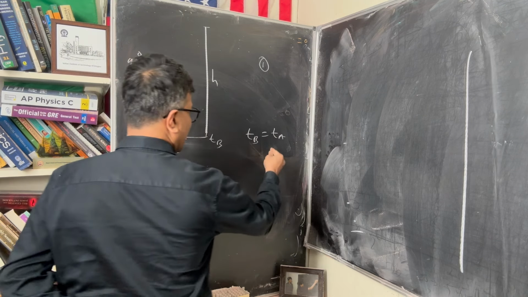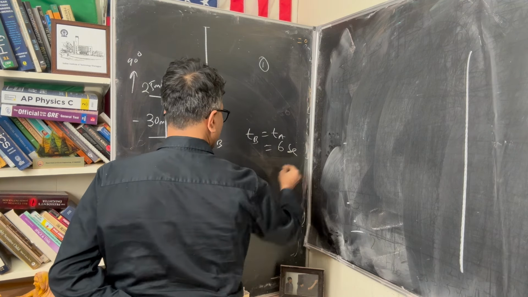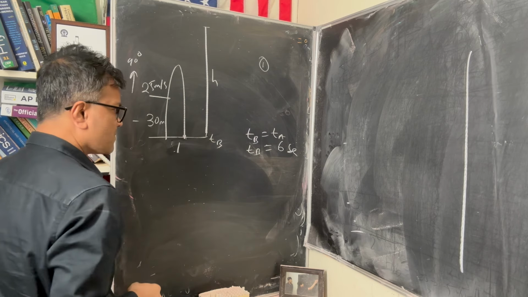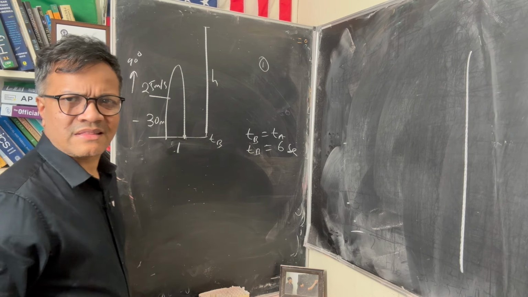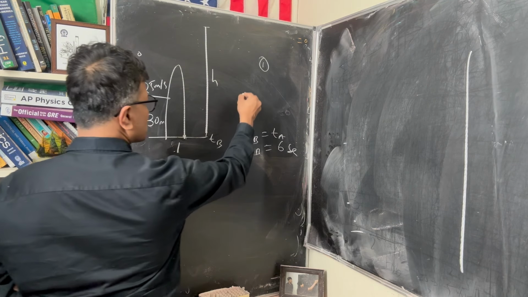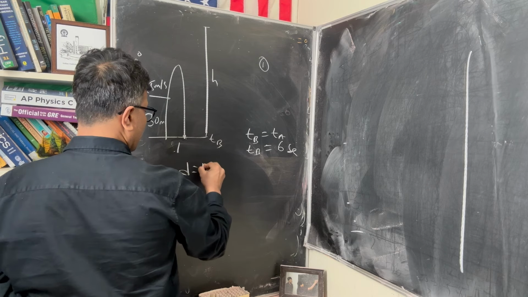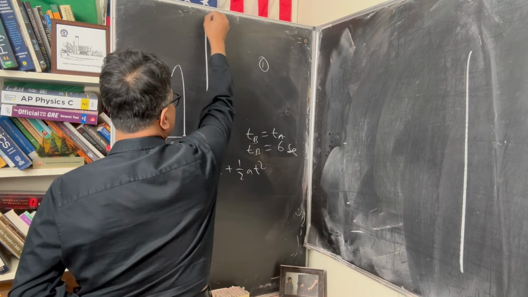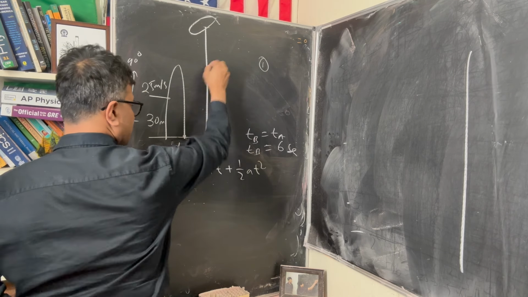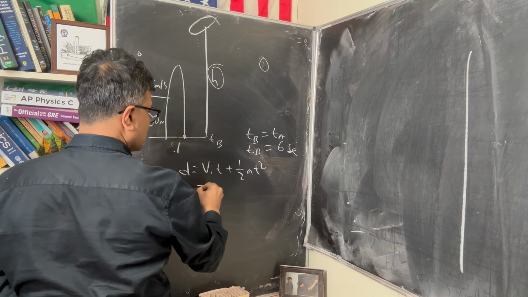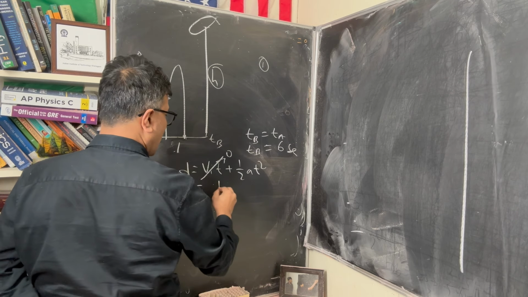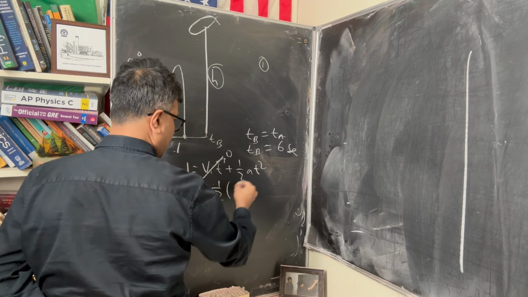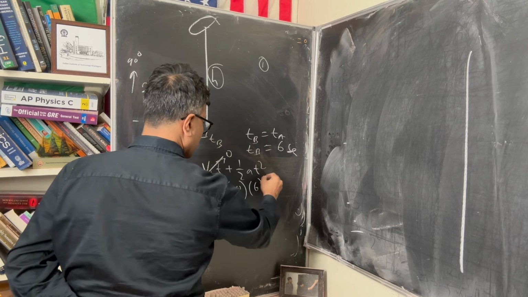So you know TA, which is 6 seconds. By knowing TA, you know TB. So how can that help? That helps very easily. d is equal to v_i t plus half a t squared, and that is for this scenario, to find this height. d is height. v_i, when you drop something, is 0, half, 10, and t is 6 squared.